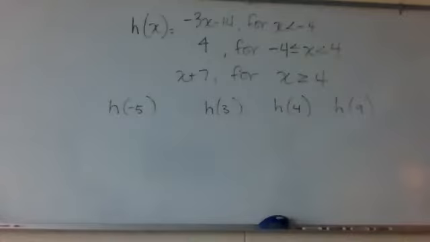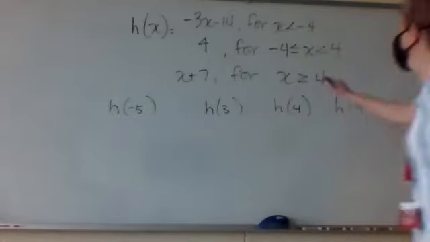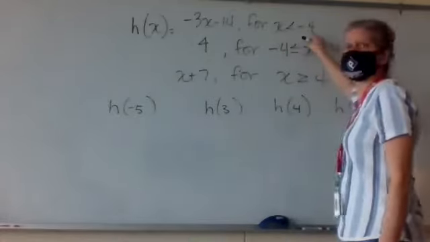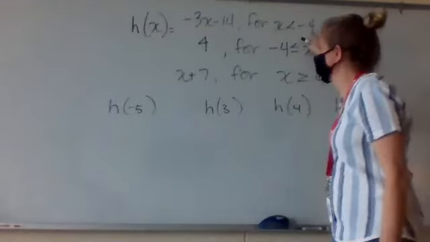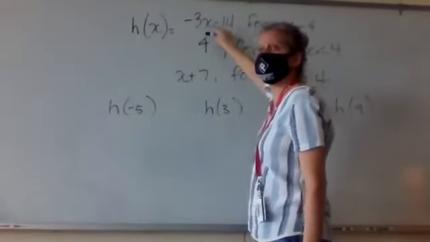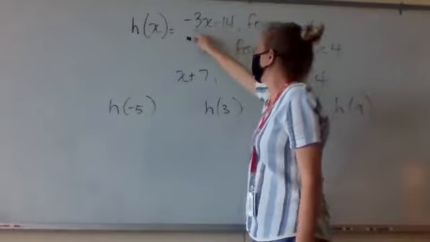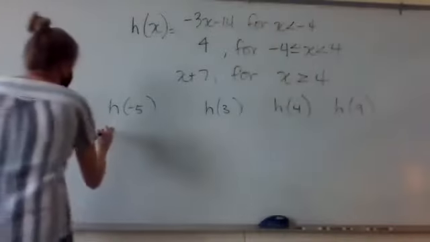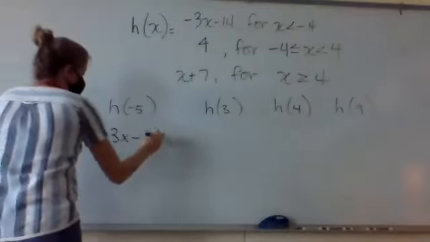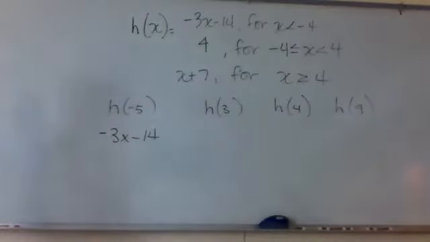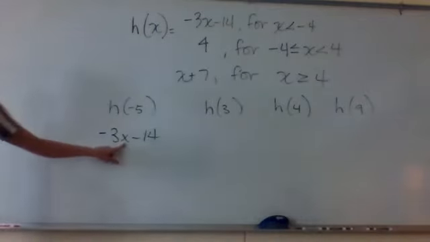It's below it, right? So negative 5 is less than negative 4, which means I use this piece, negative 3x minus 14. Now this one wants me to take it a step further and actually put that negative 5 in that piece, which means replace the x with it.